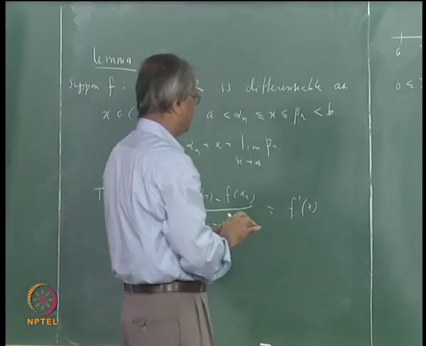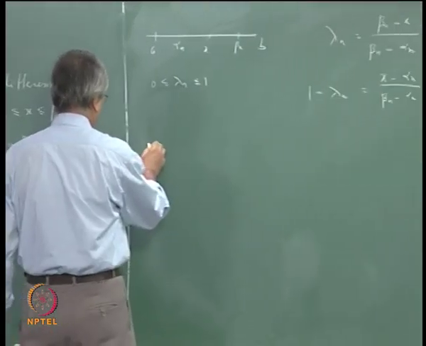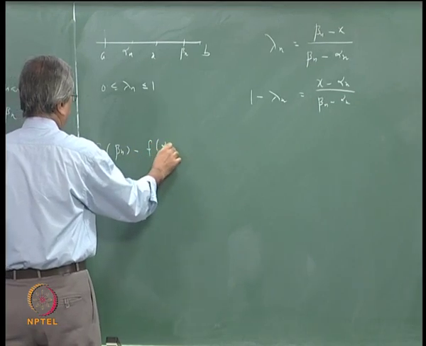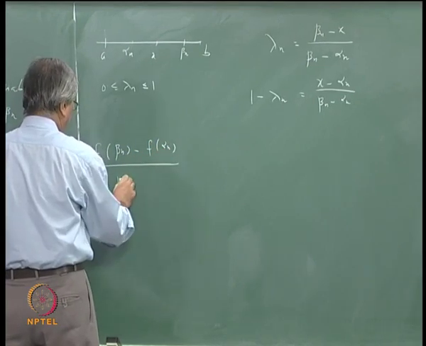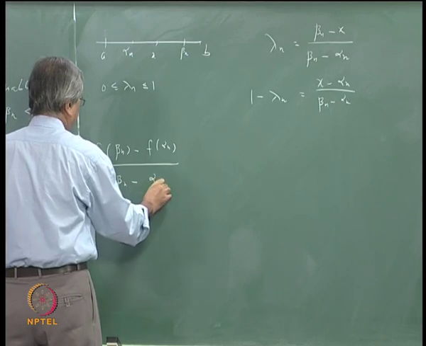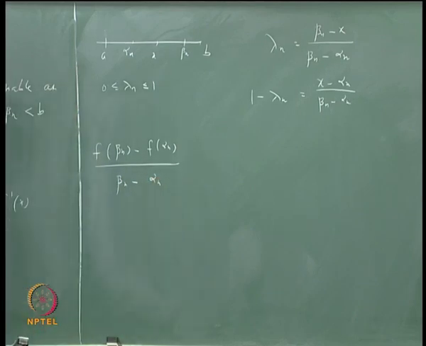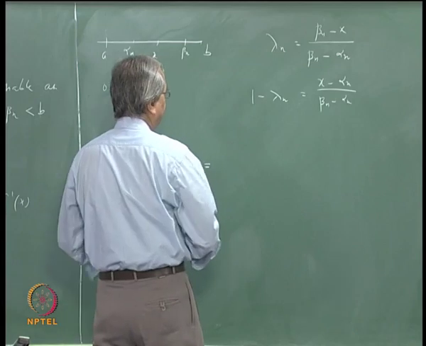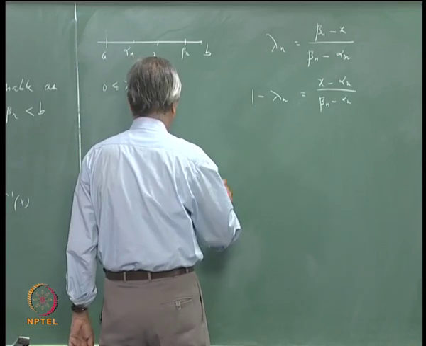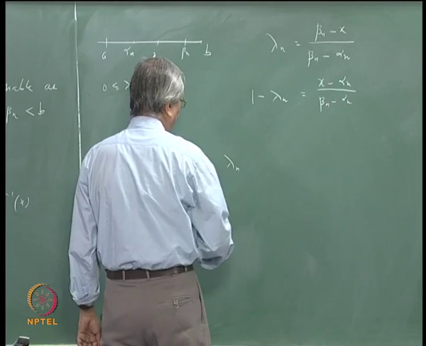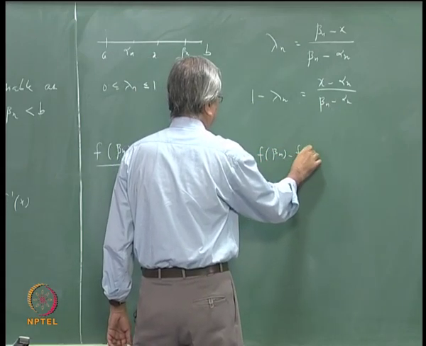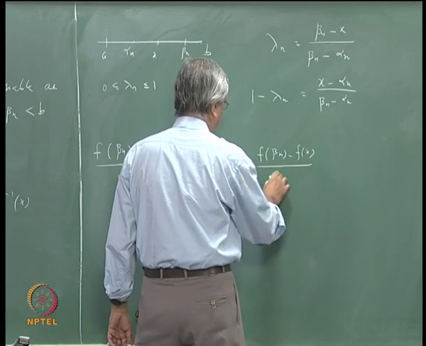If you look at this ratio (f(beta_n) - f(alpha_n)) divided by (beta_n - alpha_n), we can write it as lambda_n into (f(beta_n) - f(x)) divided by (beta_n - x).